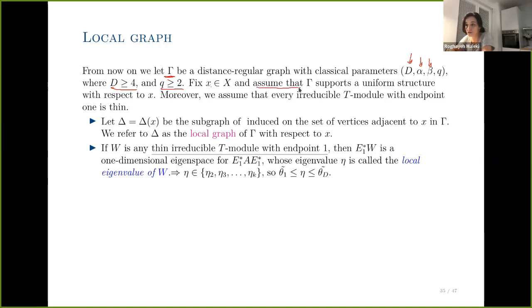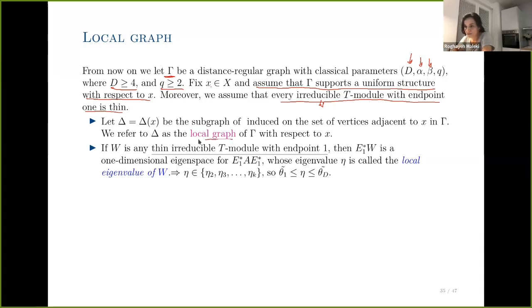And here we assume that the graph gamma supports a uniform structure with respect to X. This is important, so we have this assumption. Moreover, we assume that every reducible T module with endpoint 1 is thin. We will see later why we have this assumption here.